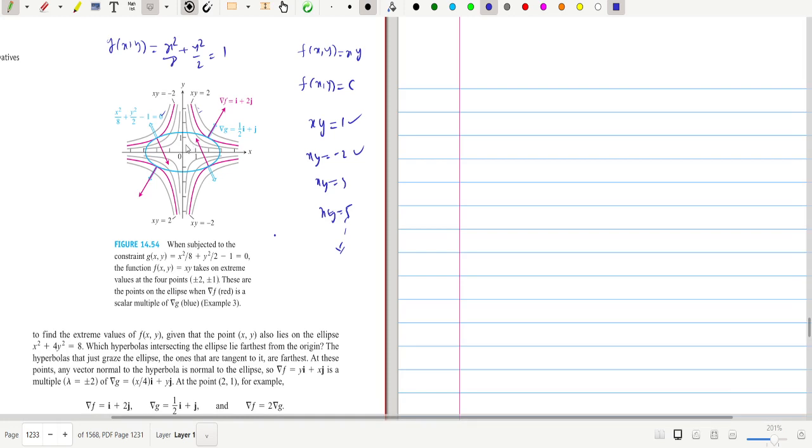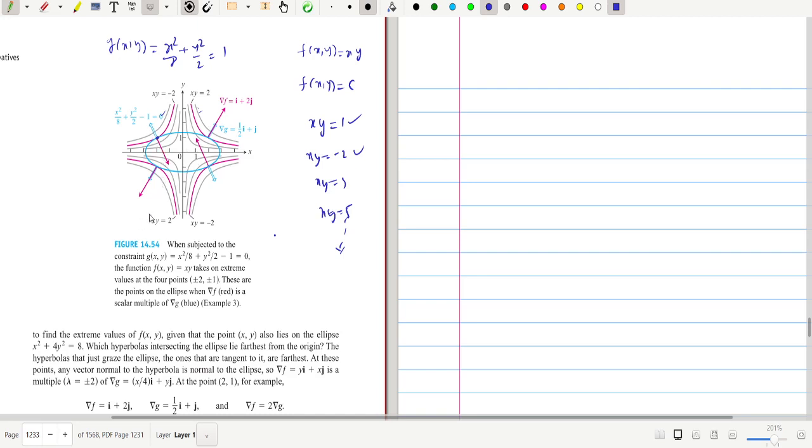So we need to find the values of this function on the ellipse x square by 8 plus y square by 2 equal to 1. So we consider all these rectangular hyperbolas which intersect this ellipse, and we need to verify the points at which these rectangular hyperbolas intersect this ellipse.